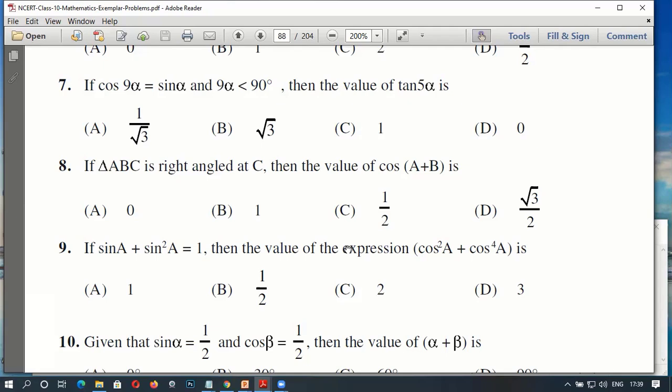Getting any idea, anyone? Opposite cannot be root 3, because the value would definitely be 1 or less than 1. Tan of 5 alpha, where alpha is less than 10, so tan of 50 or lesser than that.